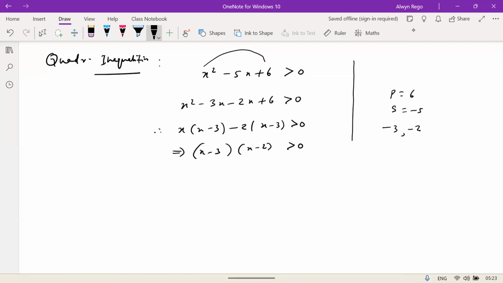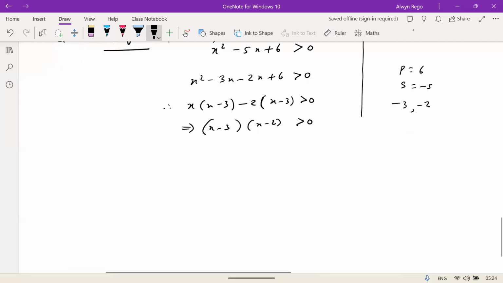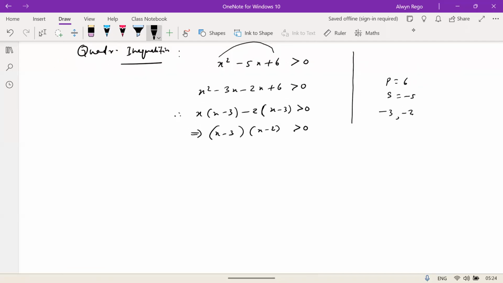We first factorize. No guarantee can be given that every quadratic expression can be factorized. That's why we have some sophisticated methods later on to solve the inequalities. But in the case where factors are available, here's the method. Supposing you have a into b equal to 0, this implies that either a equals 0 or b equals 0, and thereby you get the solutions.